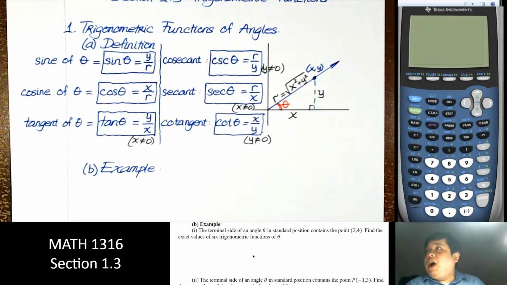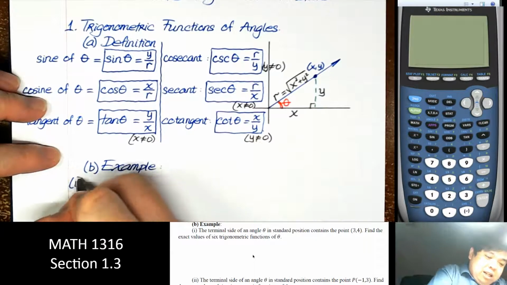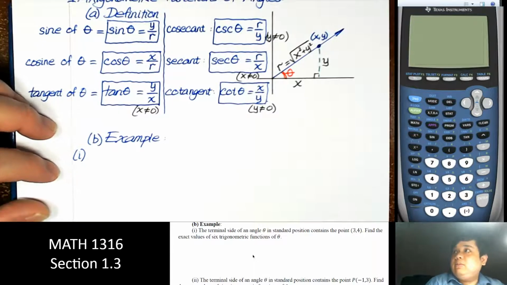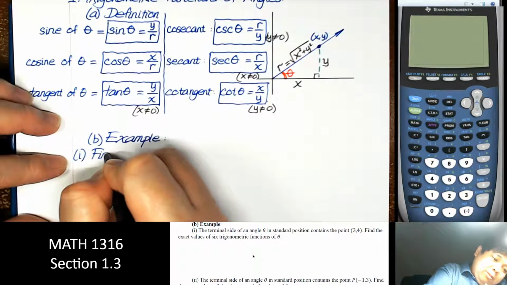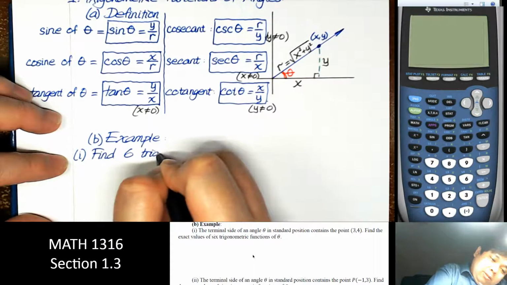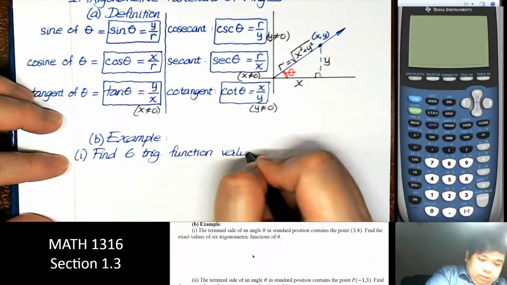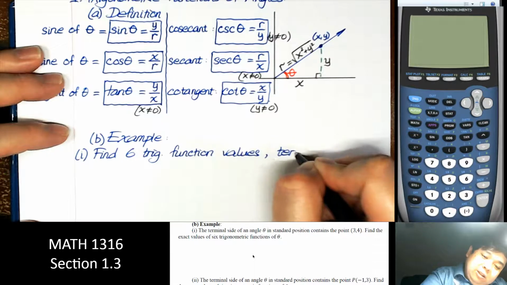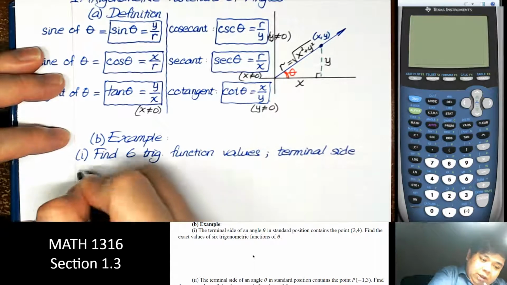Right. Now, next, we have the first example. Let's say the terminal side of the angle theta in the standard position contains the point (3, 4). Find the six trig function values.